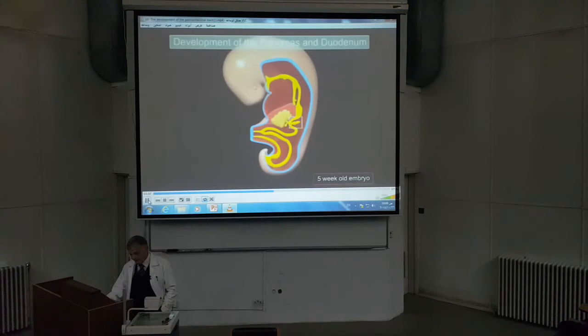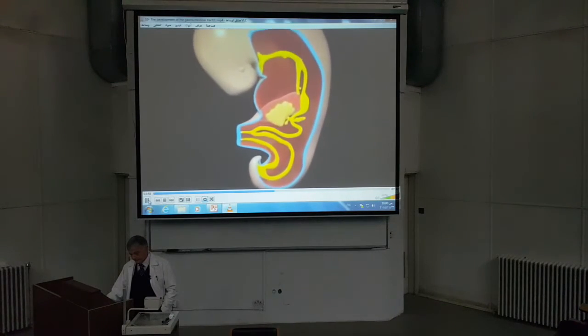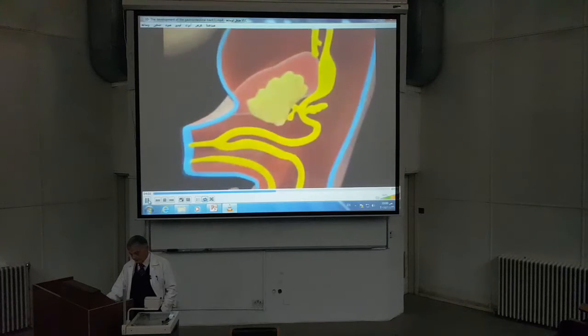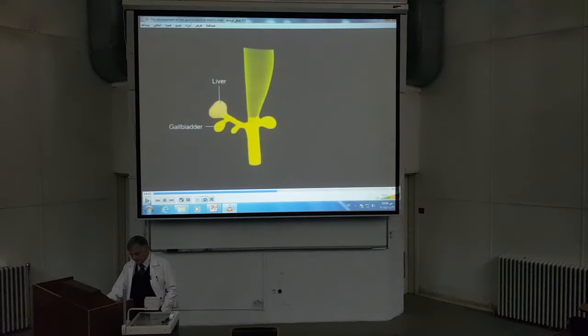Let's look at the pancreas. That's the hepatic bud, ventral pancreatic bud, dorsal pancreatic bud. That's the liver and the gallbladder.